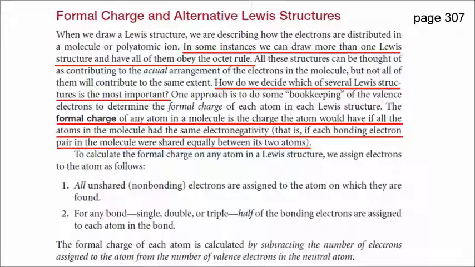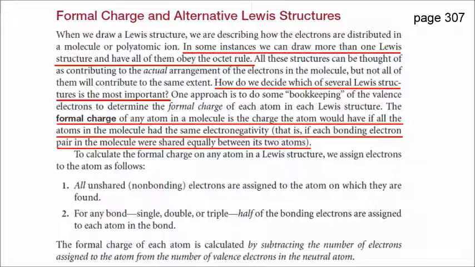The formal charge of any atom in a molecule or an ion is the charge the atom would have if all of the atoms had the same electronegativity, which means we split the bonding pair equally. So we calculate the formal charge by assigning electrons to the atom. All unshared or non-bonding electrons are just given to the atom wherever they're drawn, but any bond is cut in half.